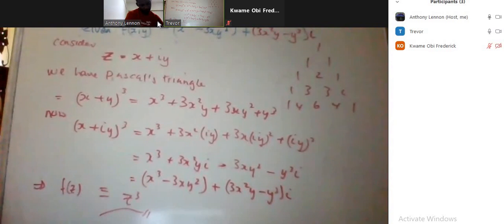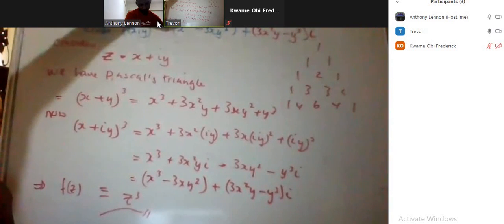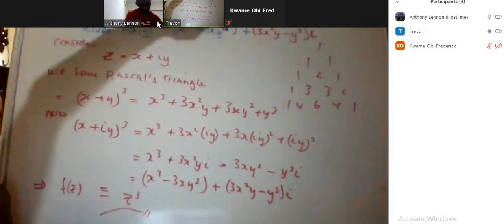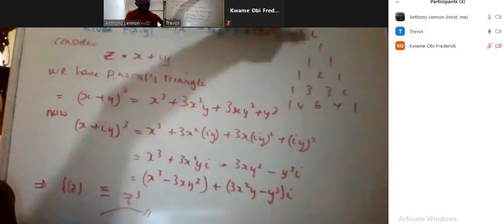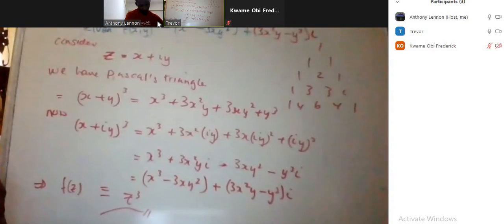Why did we use a cube again? Because the highest power of x was cubed, and all these powers added to 3. So our first port of call was to go along that route. Okay.